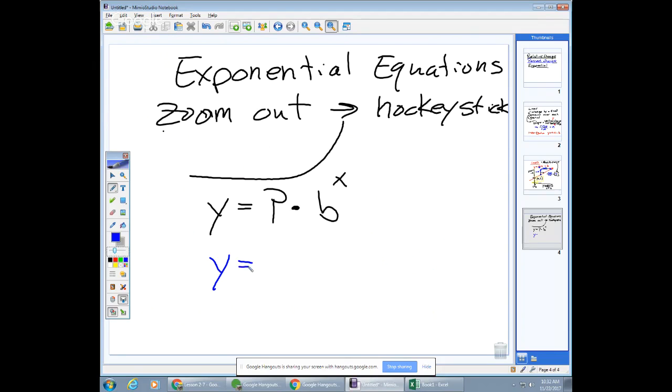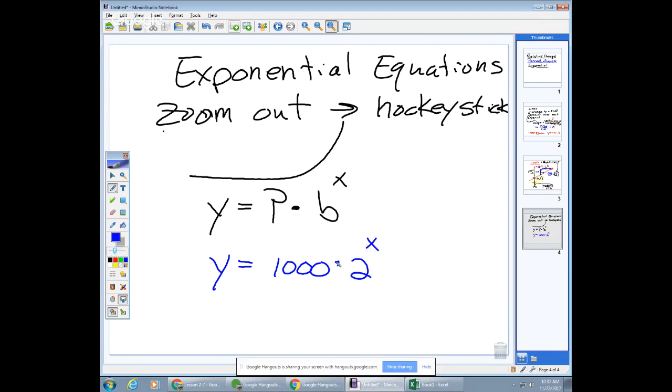Then the equation might look like y equals, maybe they started at 1,000 people, times 2 raised to the power x. And so if x were years, this would mean double that population every year. And so we'll take a look at a simpler version of this equation in just a minute.